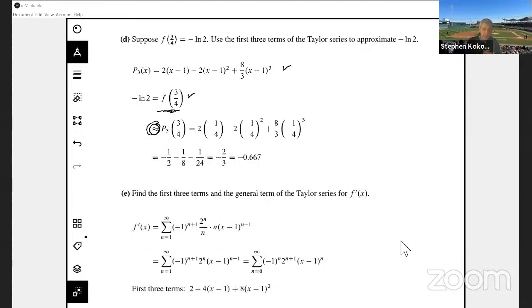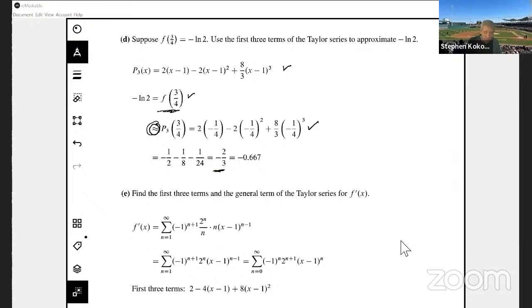Second thing, if the problem was worded to just find this Taylor approximation using the first 3 terms, stopping right here would receive full credit because that is a final numerical answer and it does not need to be simplified. Now, I did simplify because I wanted to see what was going on here.